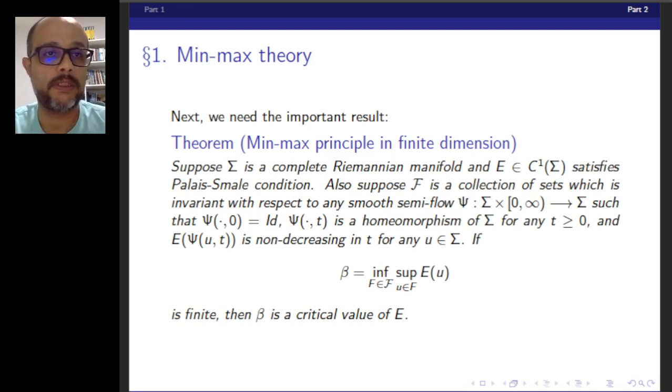And in an obvious way, if beta is a critical point of minus f, then minus beta is a critical point of f.